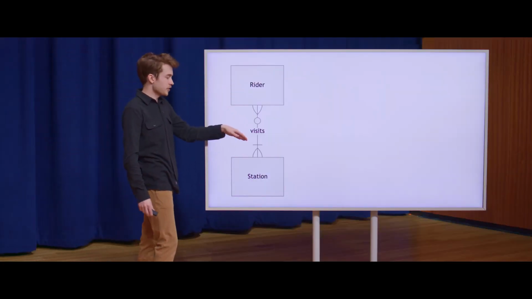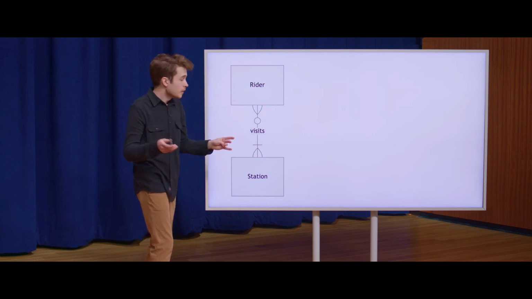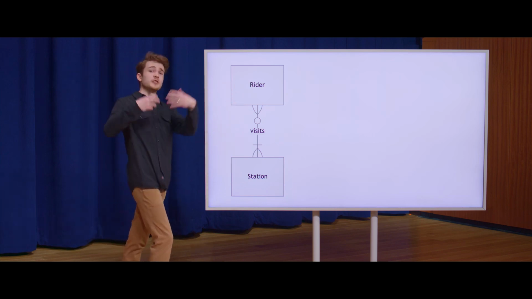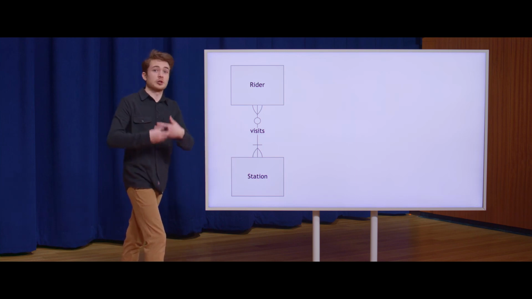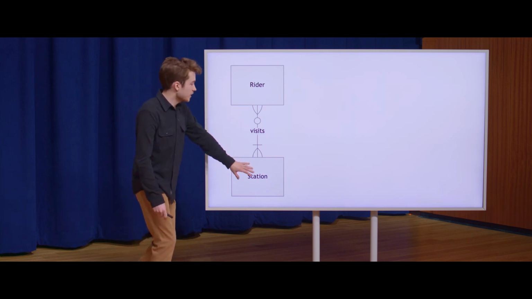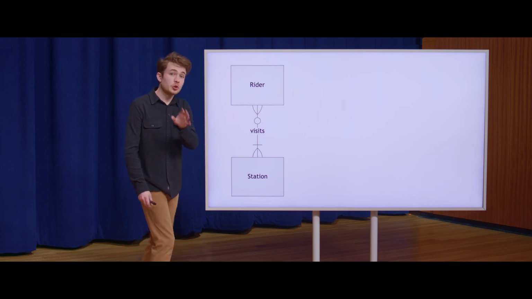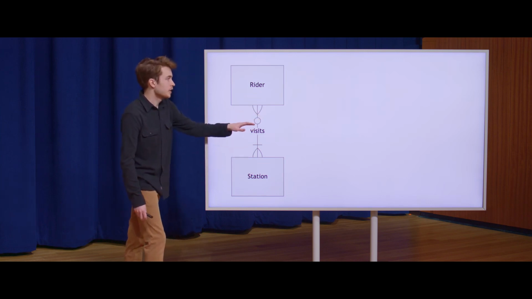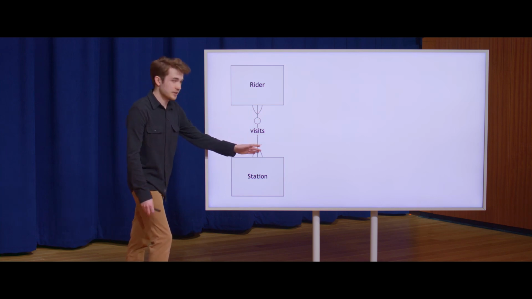If you aren't visiting a station, you aren't really a rider, right? Now, presumably, there are stations that were built but aren't really being used right now, or aren't really in service yet. That could be a station that has no visitors. So you could argue, let's make sure every station has at least one rider, and every rider may or may not have to visit a station.